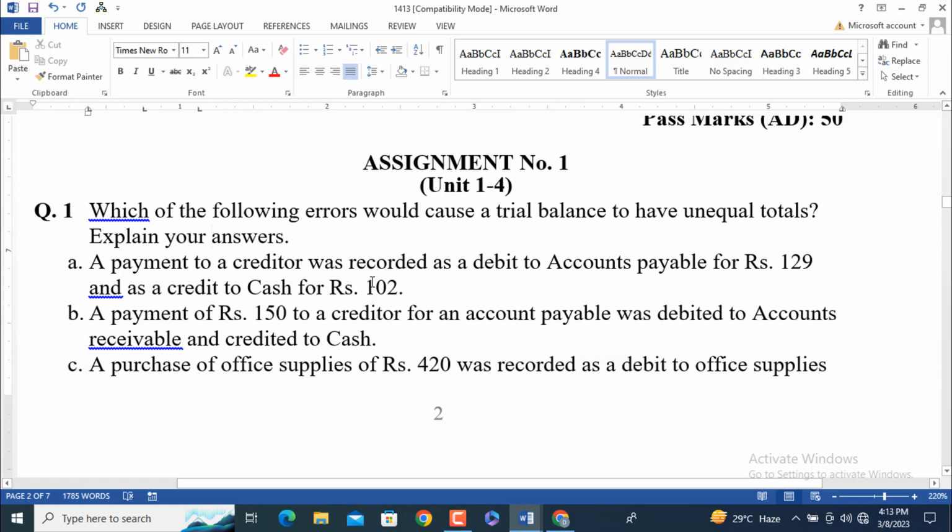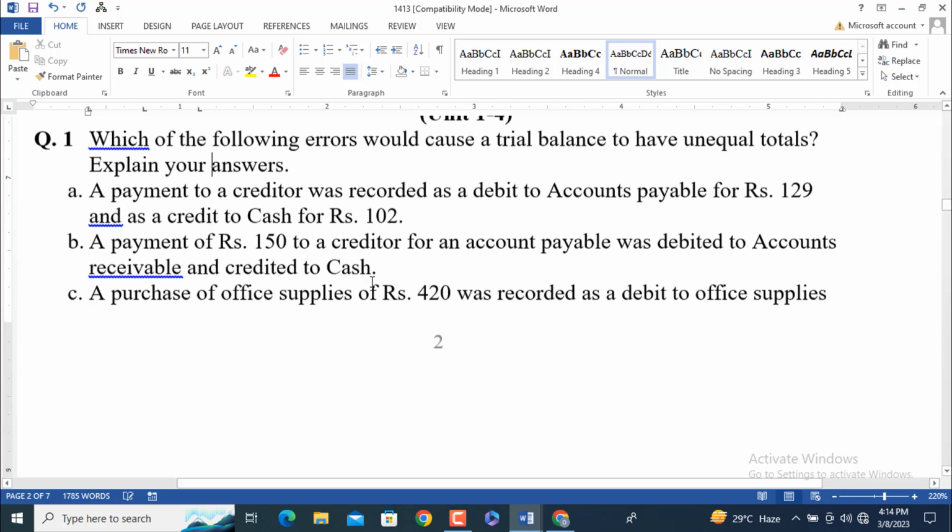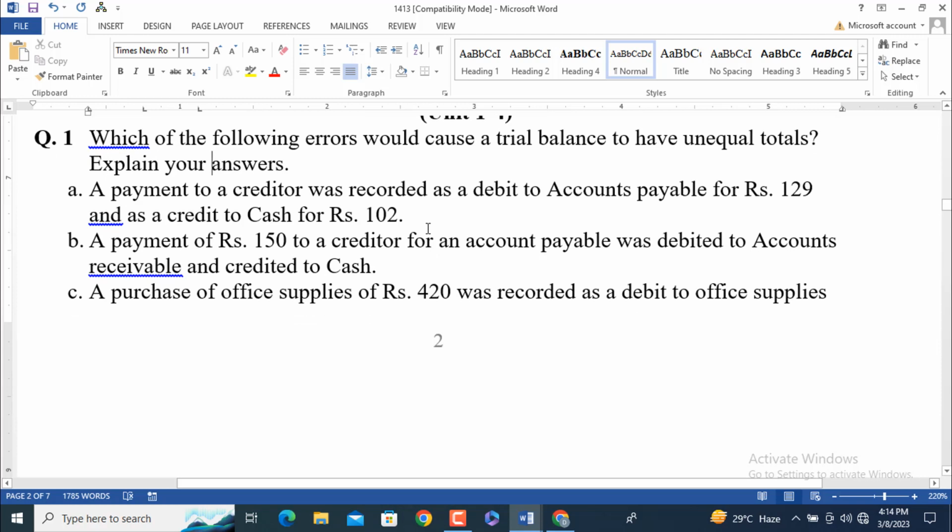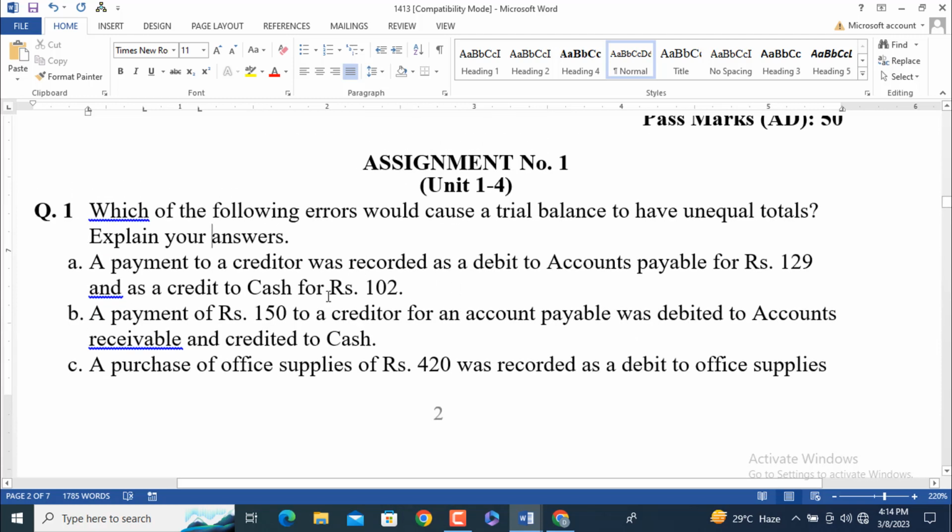So this error will become the cause of making the TB unequal. So this cash account is unequal by the amount of rupees 27.